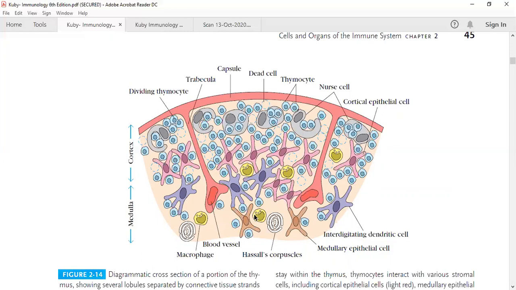And because we know more than 95% of the cells will die by the selection process, only a few are able to survive the stringent selection procedure, and therefore the number of T cells decreases, showing mature T cells in the center in the medullary region. Are you able to understand or do you have some queries?